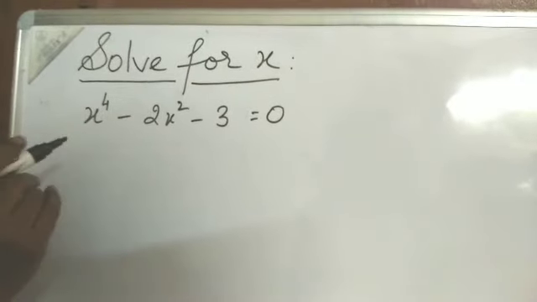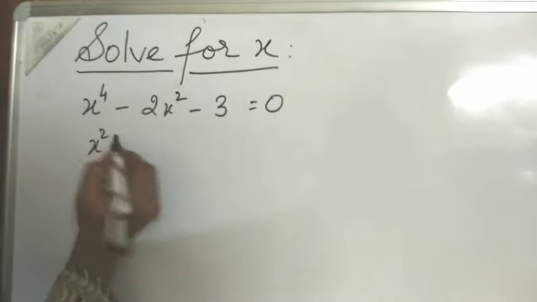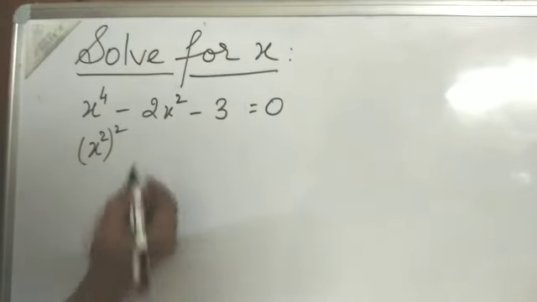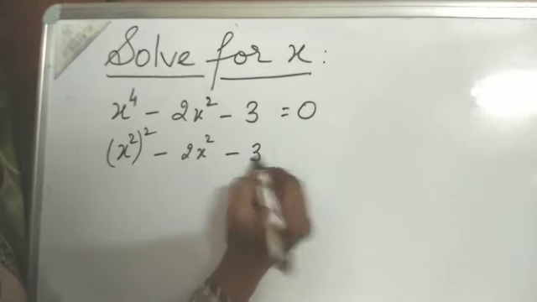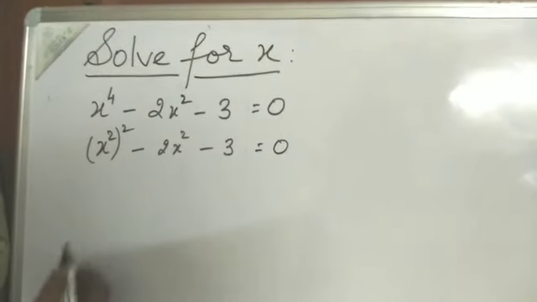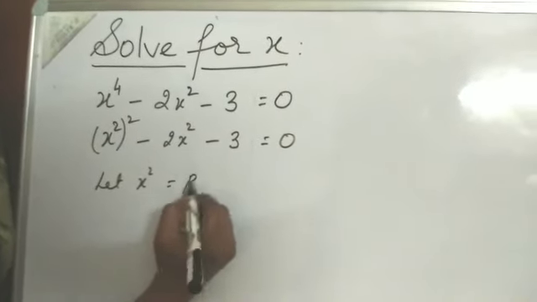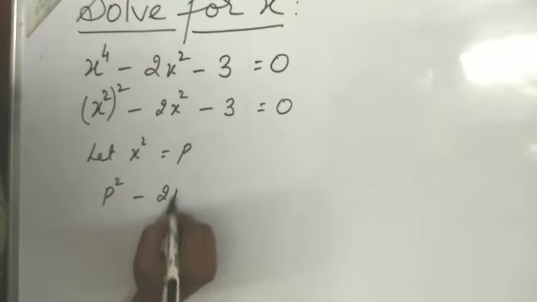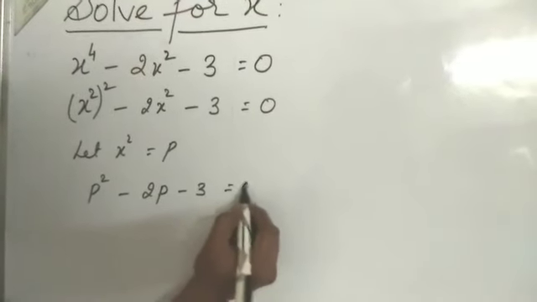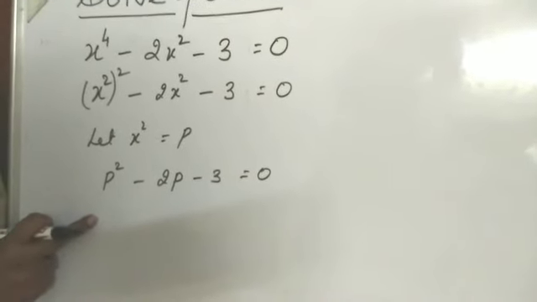Now, x power 4, can I write x power 2 whole square minus 2x squared minus 3 is equal to 0. Then let x power 2 is equal to p. We can write, so p squared minus 2p minus 3 is equal to 0. You will get a simple quadratic equation.